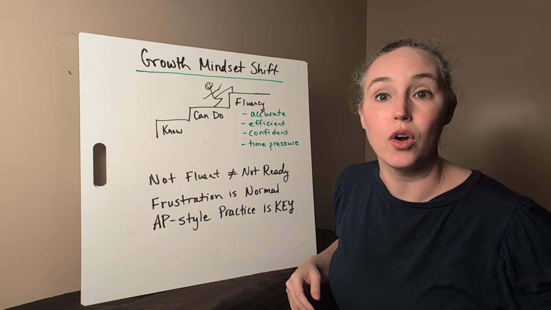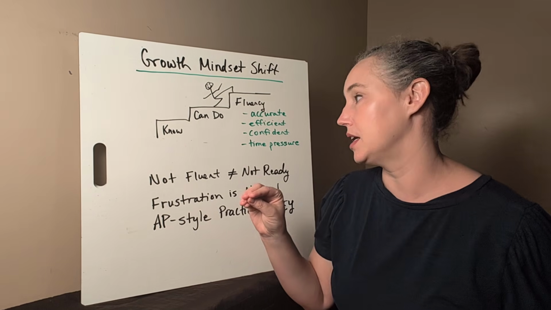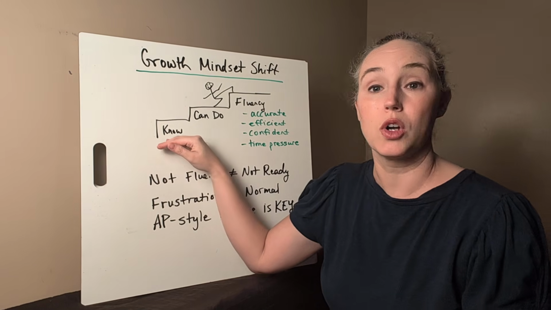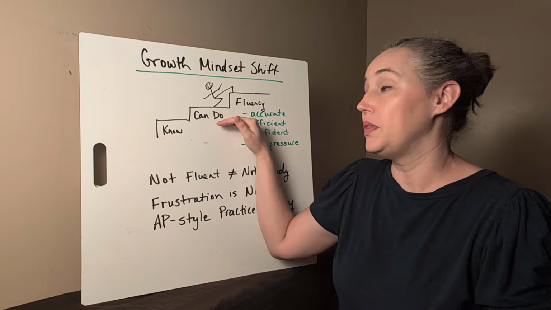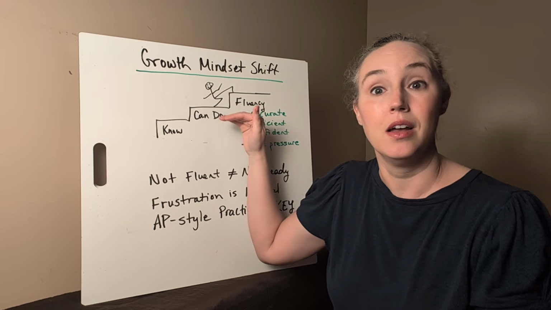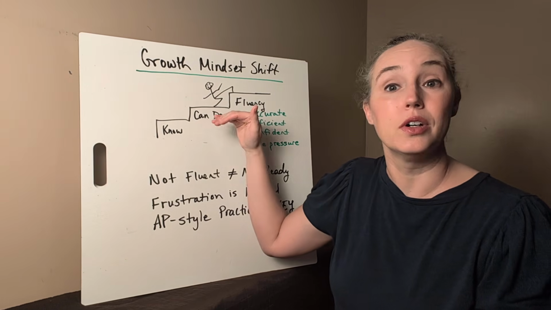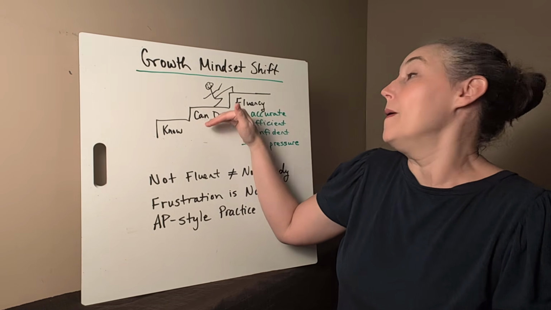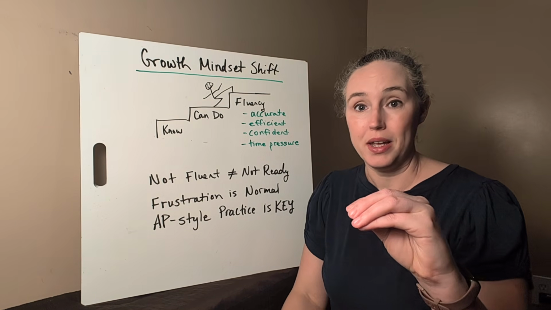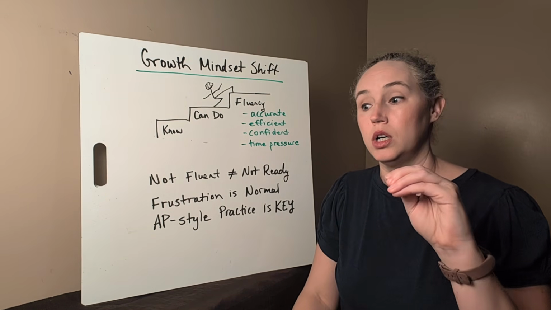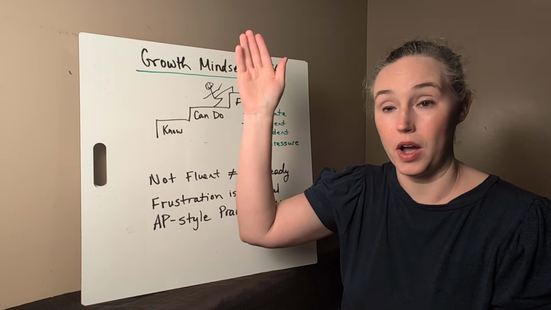You've got to have a growth mindset as you go into studying and preparing for the AP exam. Remember, we start with know, that's all of our content. Can do, that means that we can answer questions, familiar questions and familiar scenarios on our own or with a little support. But fluency is what you've got to have going into the AP exam to really score a 4 or a 5.